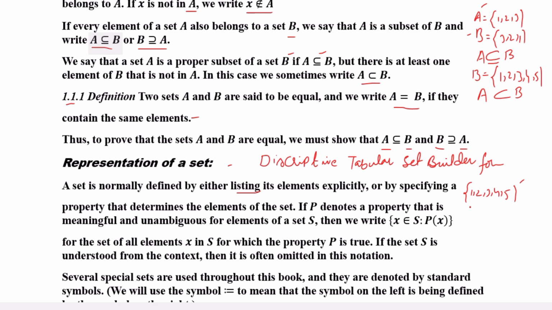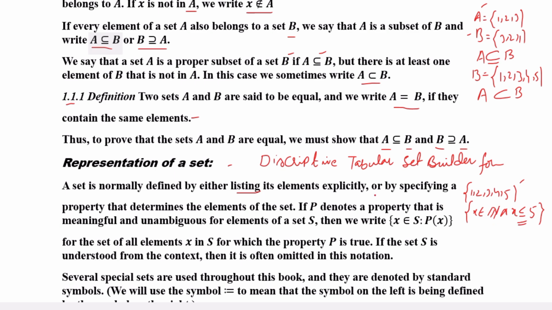If you want to find its set builder form, you can write it as x belongs to N such that x is less than or equal to 5. So this is the set builder form, in which you are using a property that specifies the elements of that set.